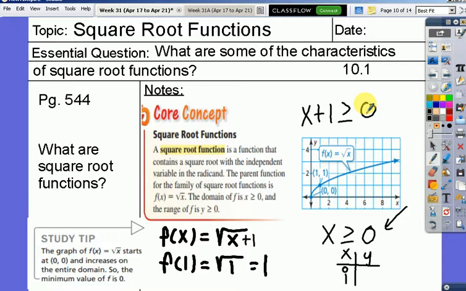Now you may have to flip the sign in some cases, which can be a little bit tricky, but we've dealt with inequalities before, right? Do you have any questions? For most of these graphs, all you're going to do is find your domain, and once you find your domain, you're just going to plug in values. It's not any more complicated than that. Does that make sense? Okay.